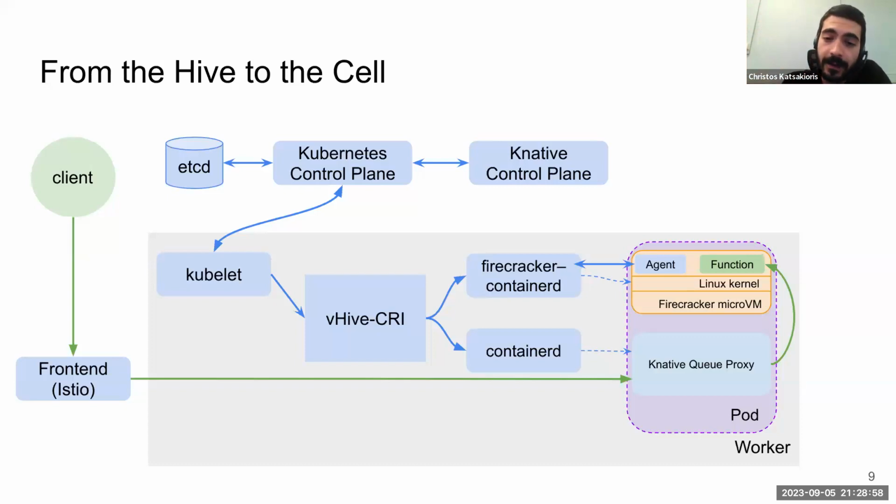We can see the vHive CRI as well as the two container runtimes, containerd for regular containers and Firecracker-containerd for function microVMs.